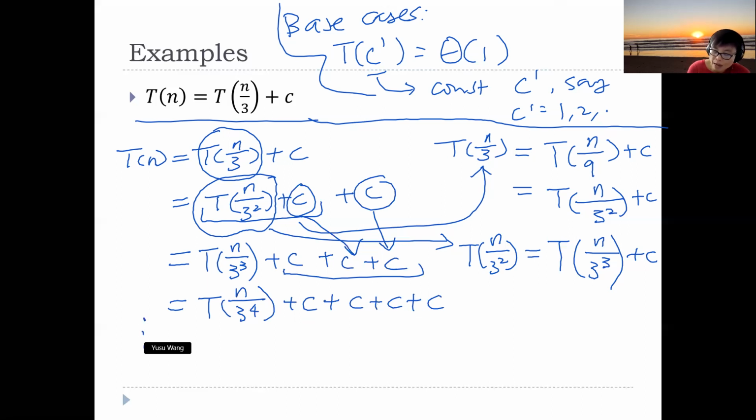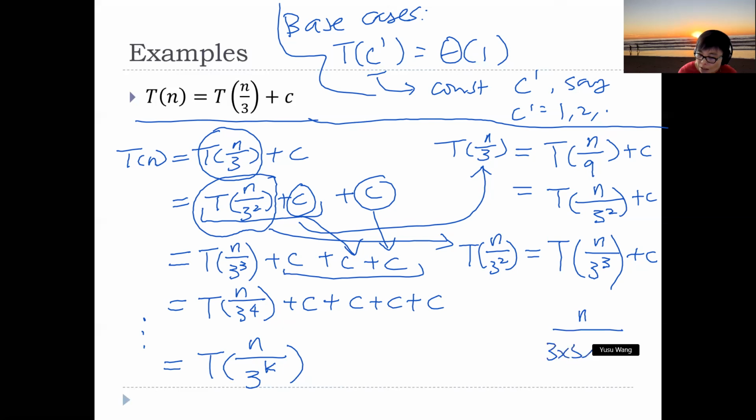Every time I do this unrolling, if I do this k times, that means in the denominator I have to multiply 3 k times. The exponent is k because the denominator is 3 times 3 times 3, k times.